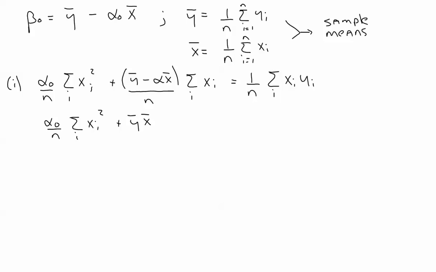You'll notice that my summation over x right here divided by n is my sample mean in x. Continuing on, I get minus alpha naught x bar squared, and that will equal 1 over n summation over i of x_i y_i.